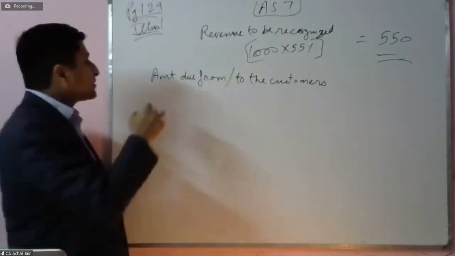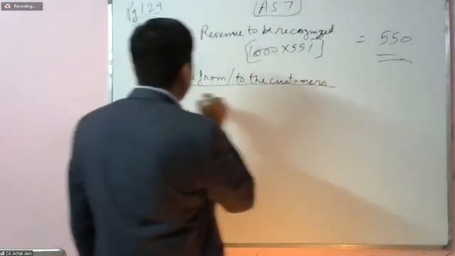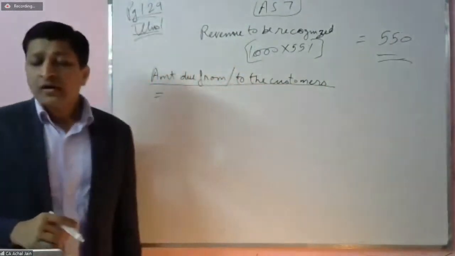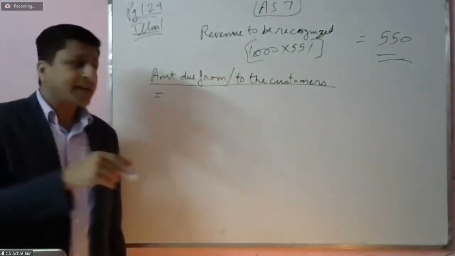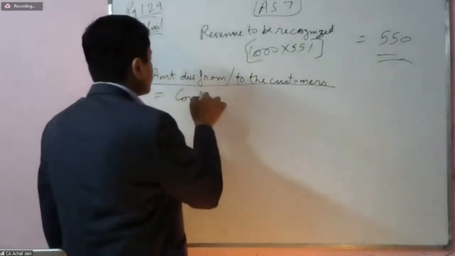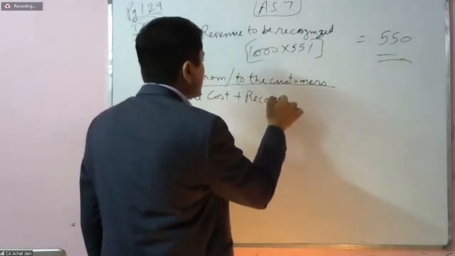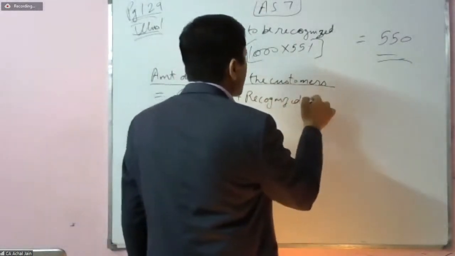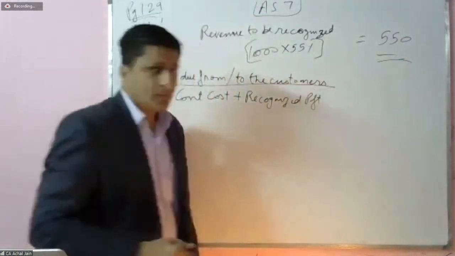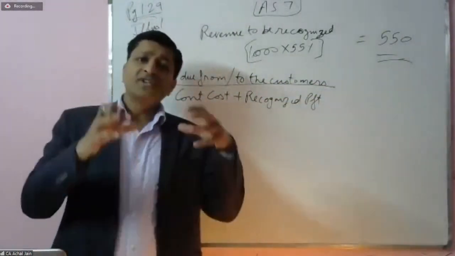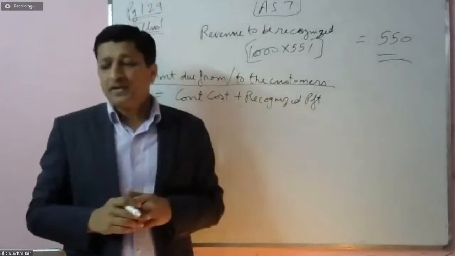So how do we compute this? For this, what do we include? Contract cost plus recognized profits. The contract cost plus recognized profit is the one which has been recorded as receivable in the current year.